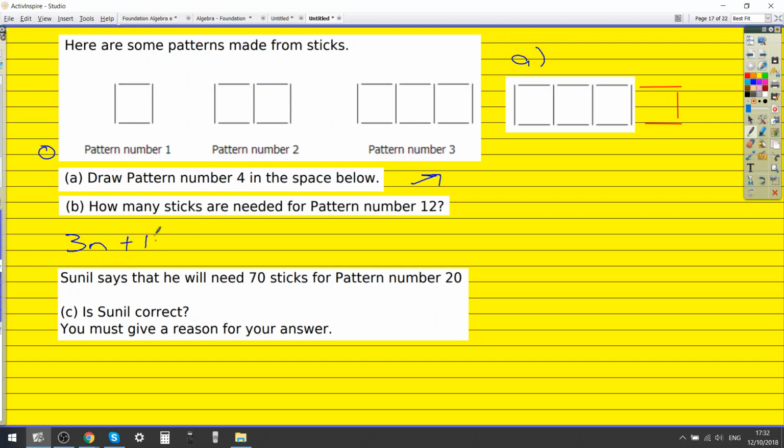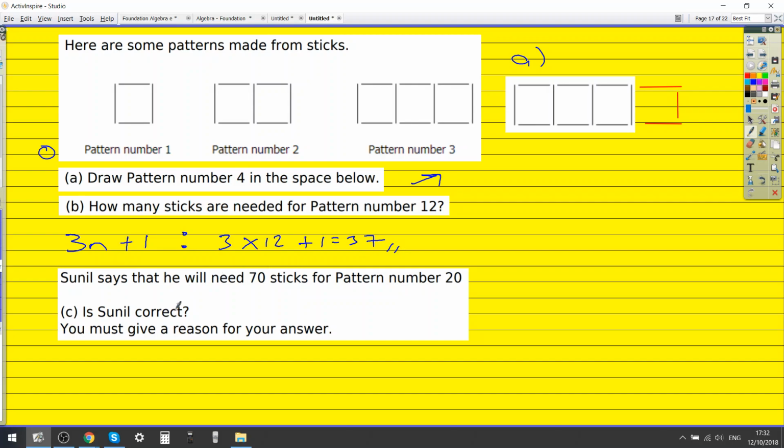But the way you get the constant is how many would be in pattern 0. Okay, so how many sticks are needed for pattern 12? So you have to do 3 times 12 plus 1, so 37. Yeah.